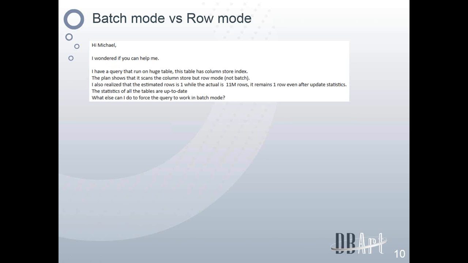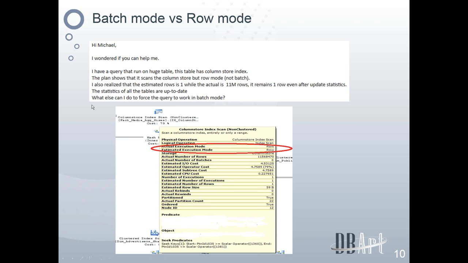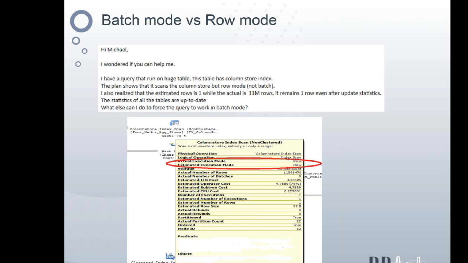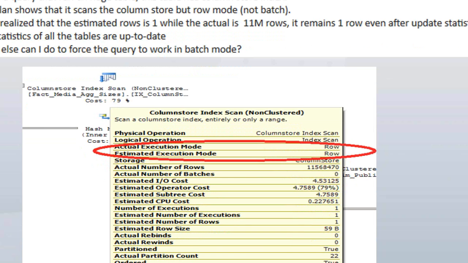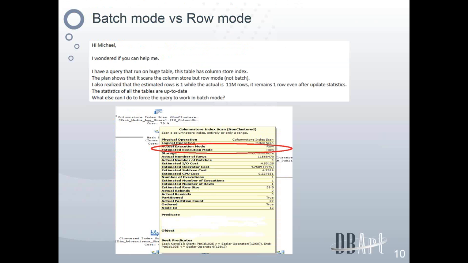He has built a column store index on a table, and the query indeed makes use of this column store index, but in the plan it used row mode. Execution mode was row, and considering that the query had to go over 11 million rows, it took pretty much time.